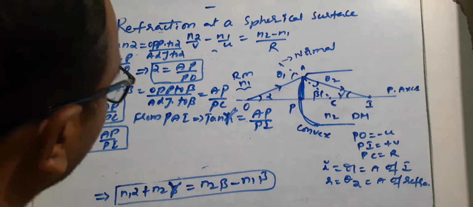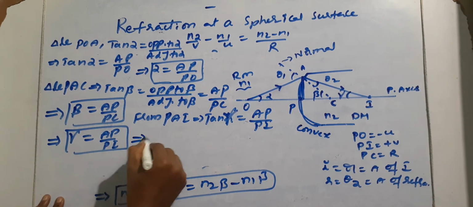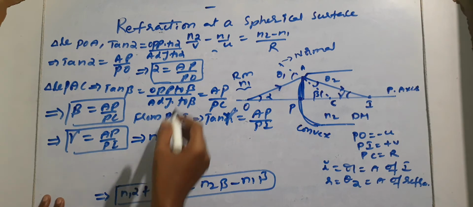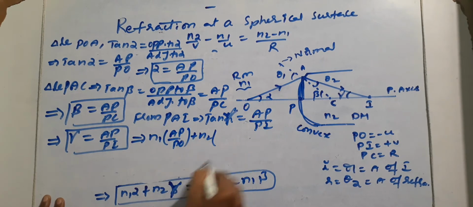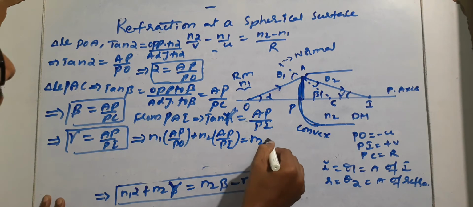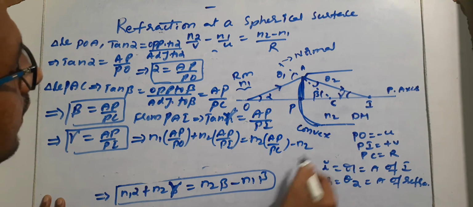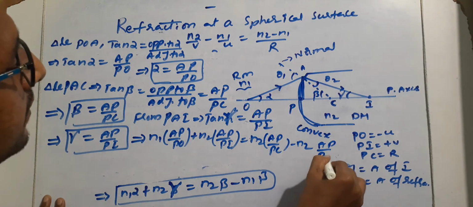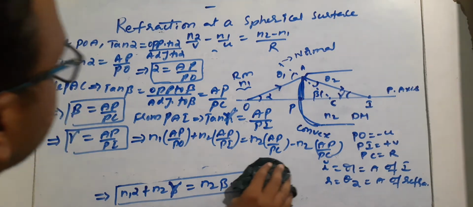So now we are going to substitute the expressions of alpha, beta, gamma in this equation. This implies n1 alpha means AP by PO, students, plus n2 gamma means AP by PI is equal to n2 beta means AP by PC minus n1 beta means AP by PC. Students, just the alpha, beta, gamma expressions are substituted.